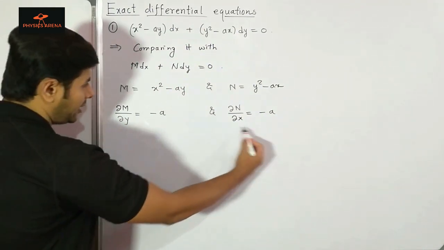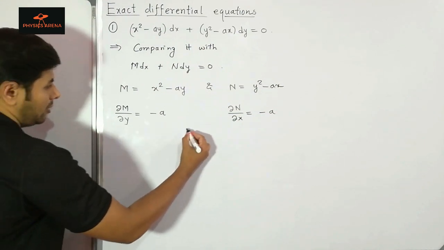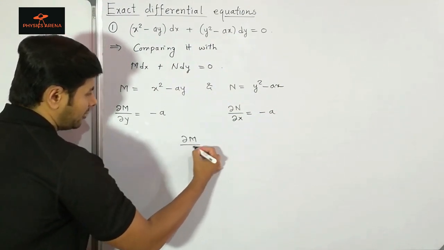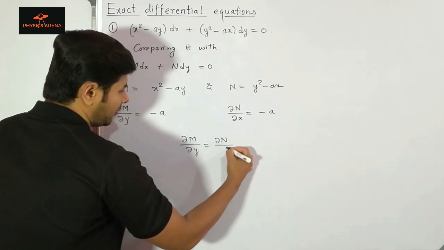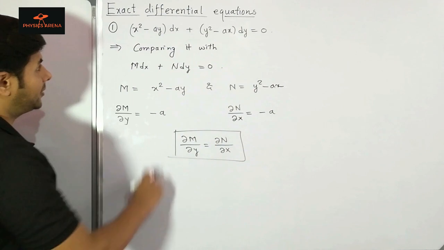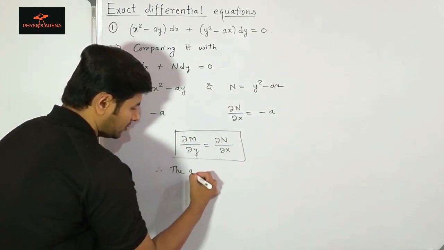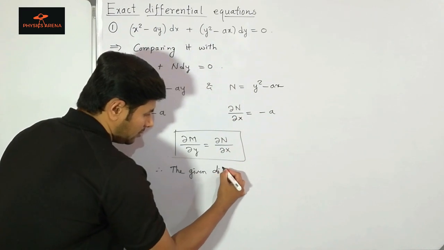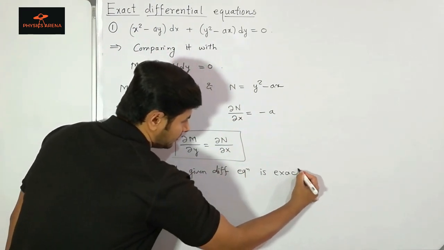And they are equal. So we have partial derivative of m with respect to y equals to partial derivative of n with respect to x, which means that the given differential equation is exact.